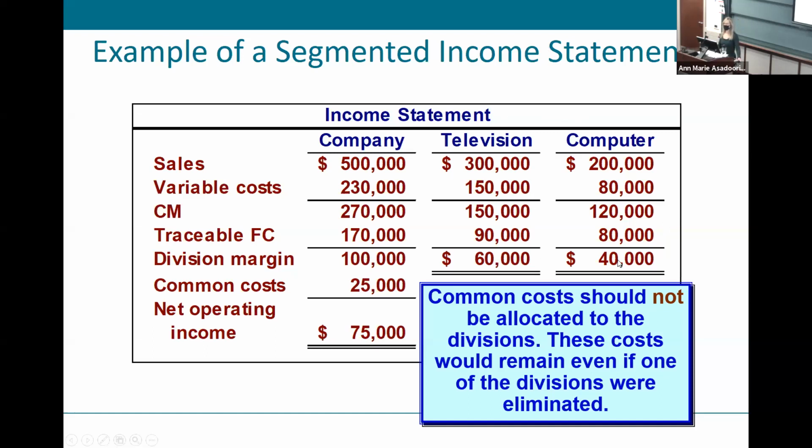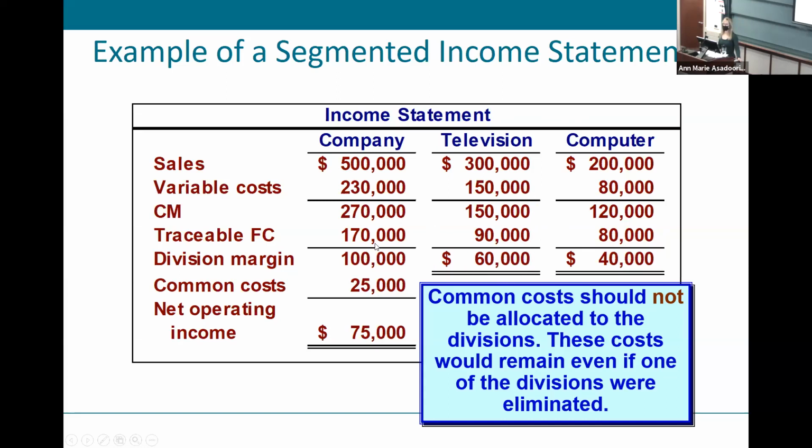As you break them down here, first of all, look at the format. It's your contribution format, and then the segment margin. In this case, I segmented out by division, so they're calling it a division margin, which is going to tell me whether this segment is profitable or not, because I'm looking at the revenue and the expenses that are directly caused by that segment.